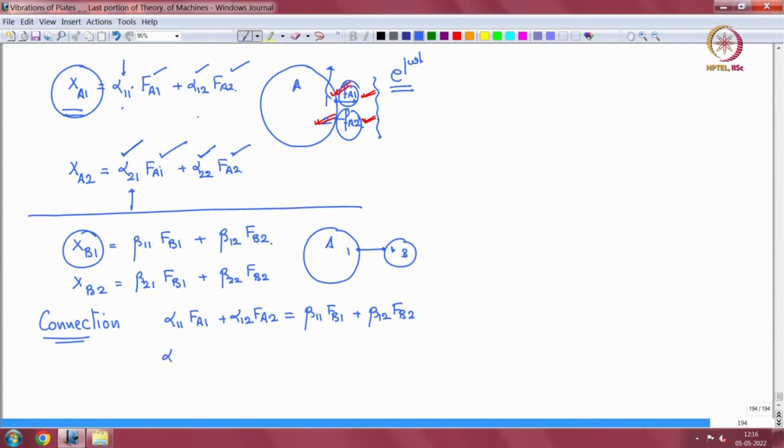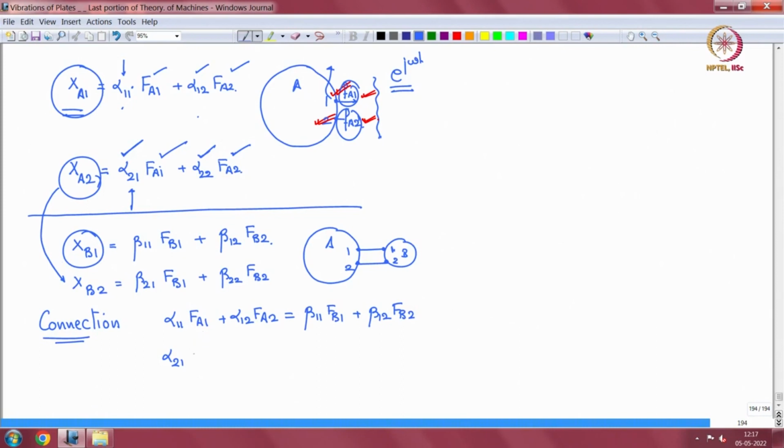Similarly, point 2 is connected to point 2. So XA2 is equal to XB2.